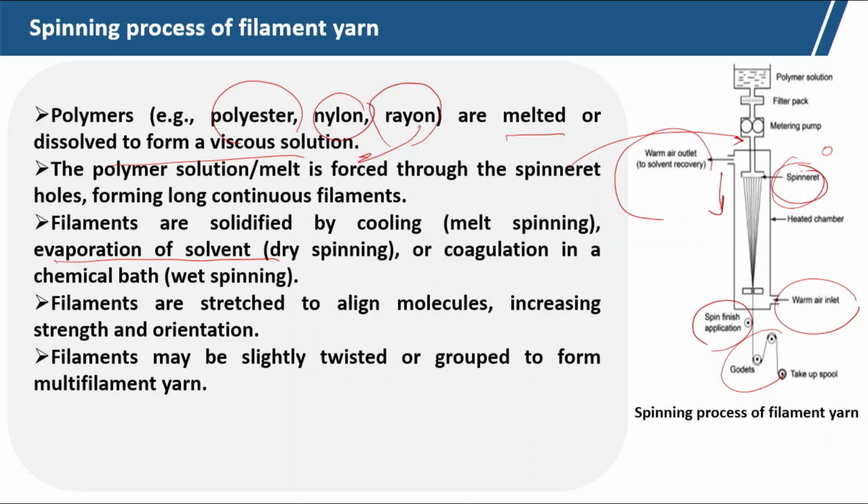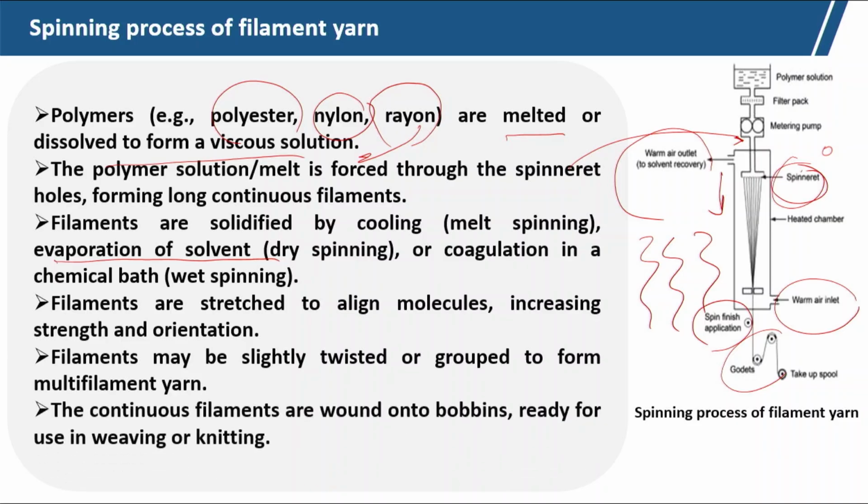If we do not twist the filament after spinning, the filaments may disentangle and fraying may occur, creating broken individual filaments. So, to form a group, we sometimes apply a very low amount of twist. The continuous filaments are wound on a bobbin or take-up spool, ready for use in weaving or knitting. So, this is the continuous filament manufacturing process.